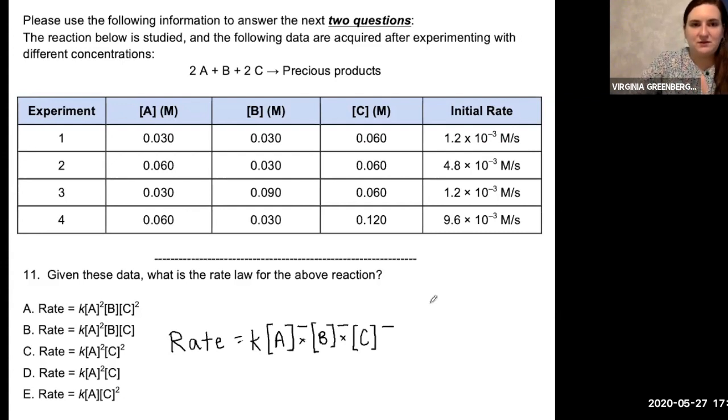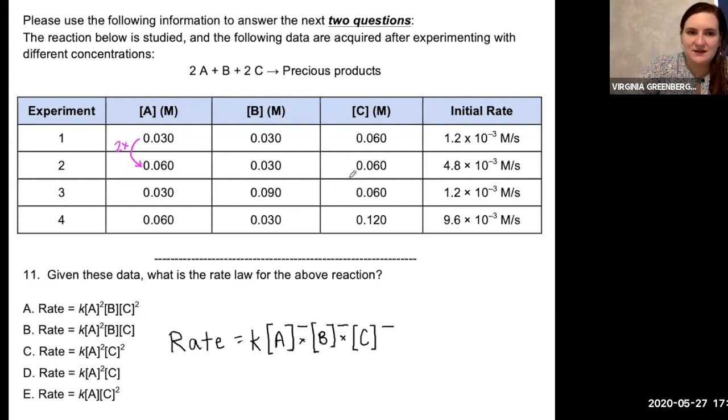So what we want to do is focus on just one reactant. Let's start with A. We want to pick two experiments to compare where only the concentration of A changes. If we look between 1 and 2, we can see that the concentration of A is doubling, while the concentration of B doesn't change and the concentration of C doesn't change.